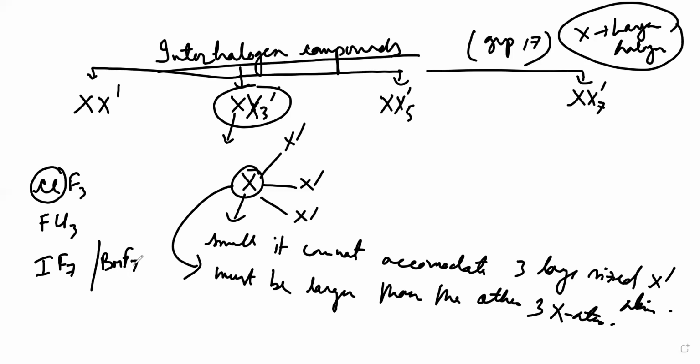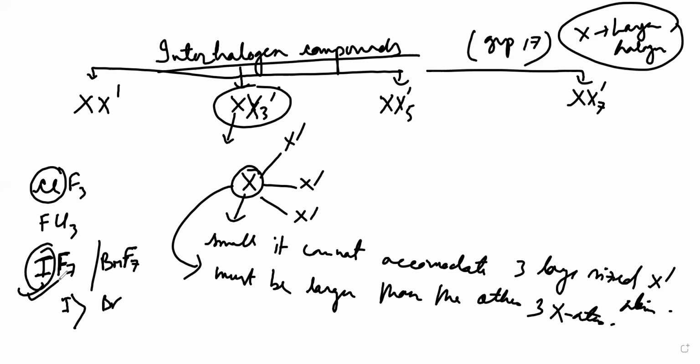Seven fluorine combine with iodine, but seven fluorine do not combine with bromine. Because the atomic size of iodine is much bigger than bromine, iodine can accommodate seven small fluorine atoms, but bromine cannot. So questions of this type come.